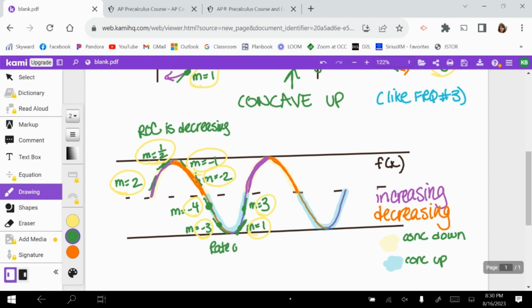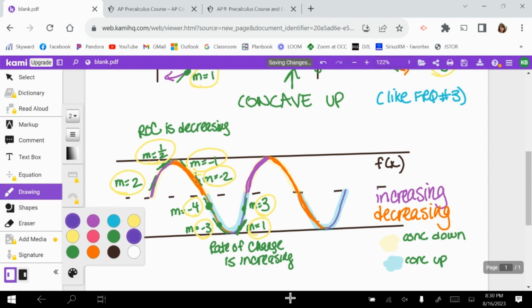The rate of change is increasing on the interval that I have highlighted in light blue. So even though the function itself is decreasing and then increasing, it's concave up because the rate of change is increasing on that interval.